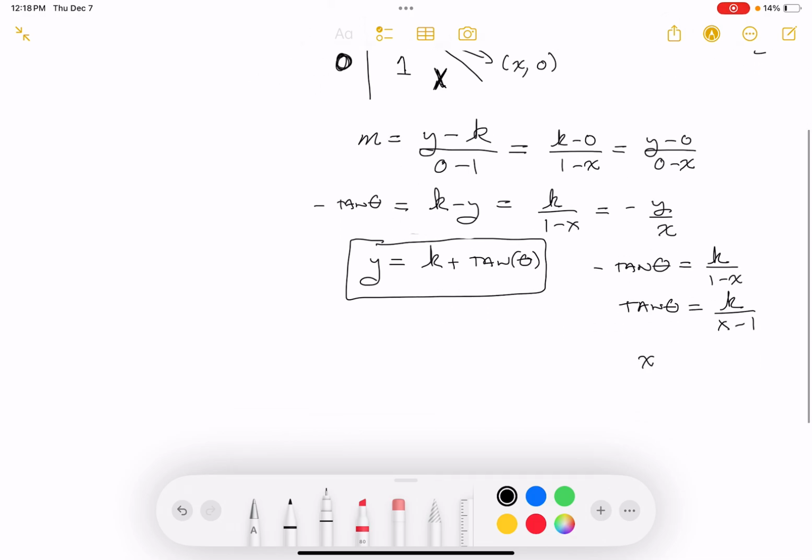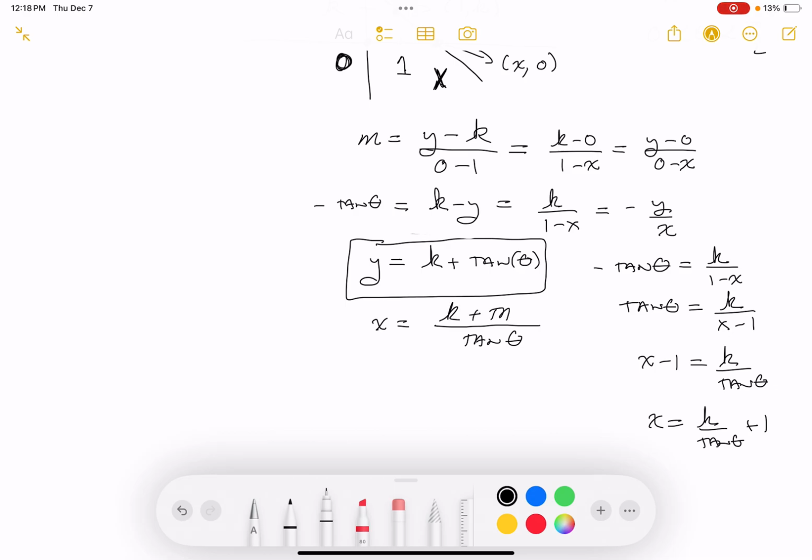And then I'm going to say x minus 1 equals k over tan theta. Then I'm going to say x equals k over tan theta plus 1. So I'm ready to write down the x now. The x is going to be, we'll come down to tangent, and then you get k plus the tangent. Kind of remarkable, isn't it?